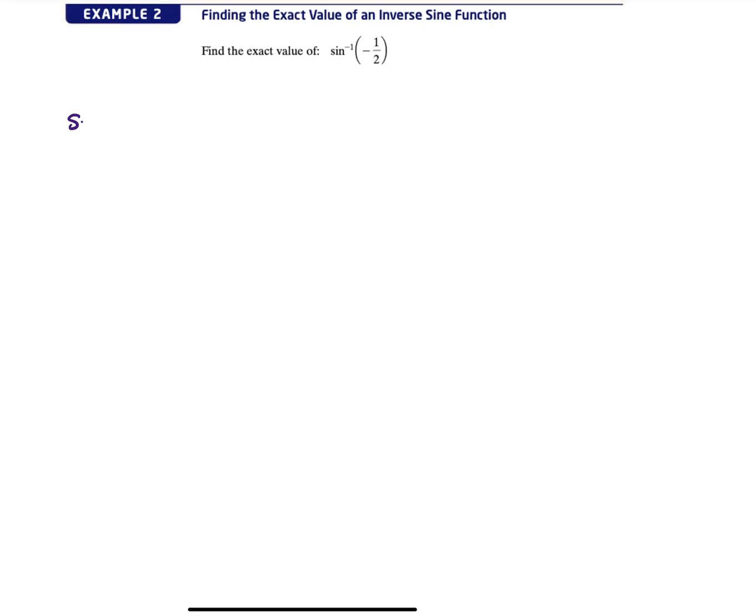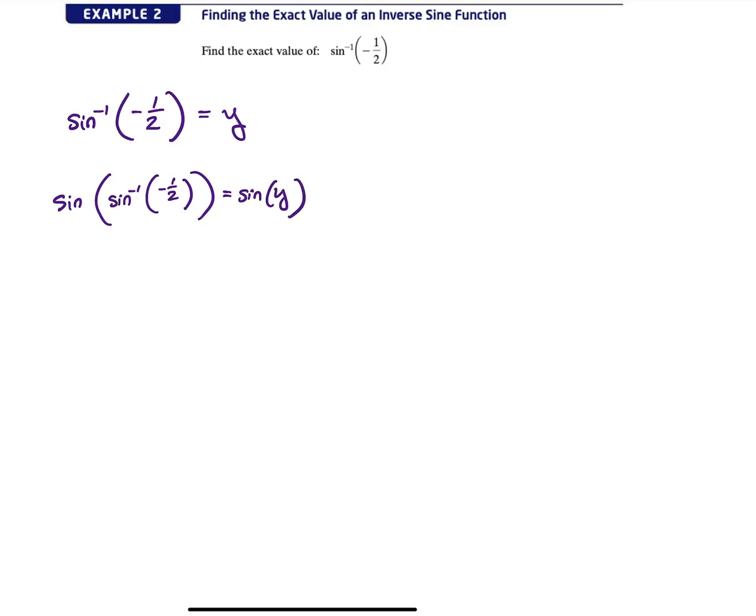So this one is asking for the inverse sine of negative 1/2. So I'm going to do a similar thing. I'll say this is equal to something, equal to y. I can take the sine of both sides, and then they'll cancel on the left side.